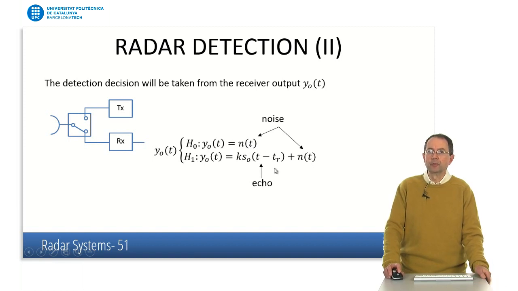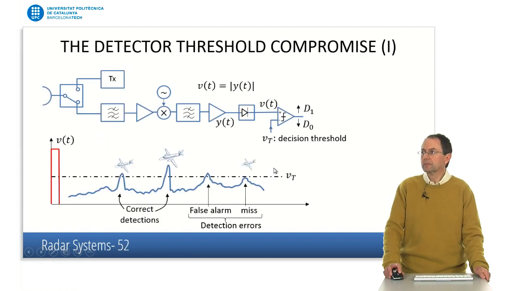The decision will be based on the observation at the receiver output. Now, the process of decision is almost always based on a threshold level detector, which is depicted here by this subsystem. At the end of the receiving chain, we obtain the echo amplitude, this VT, and we compare it with a certain decision threshold level.